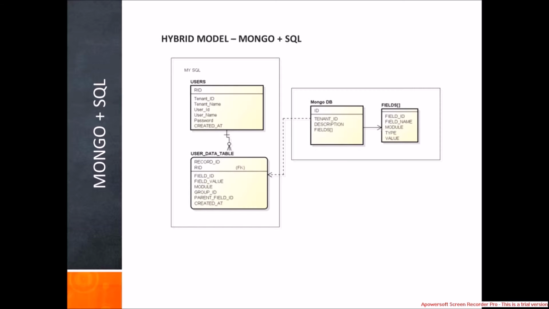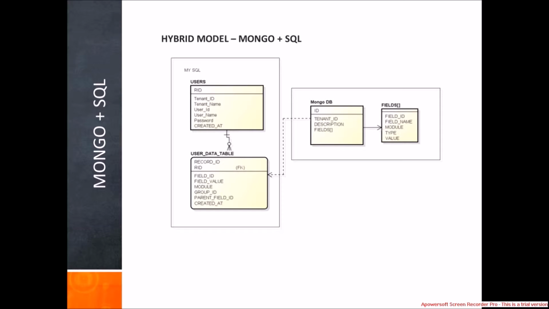The module represents the overall grouping of the fields, that is whether the fields belong to task or story. The parent field ID is required to maintain the hierarchy of the structure. Since the field ID, value is represented as a flat table, it's necessary to have a hierarchical structure to view and save the data.